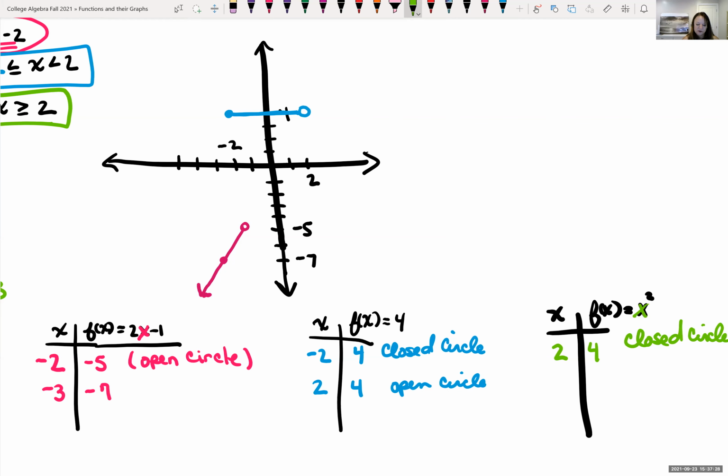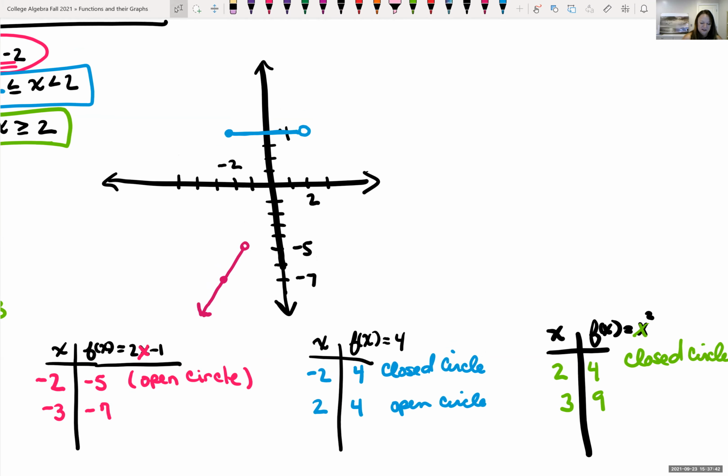I notice this is x squared, a parabola, so I have the general shape, but I can plot another couple points if I wanted to. 3 is bigger than 2, 3 squared gives me 9. Notice that (2, 4) is a closed circle here, but for the second equation, (2, 4) was an open circle, so this closes that circle up for this piece.